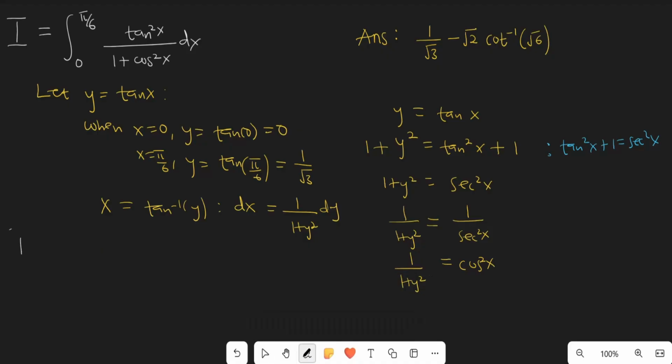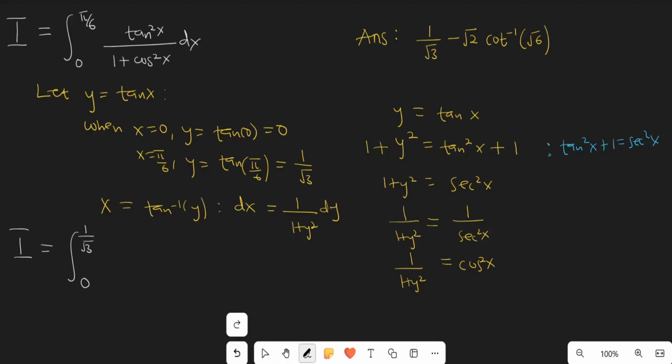Cool stuff. I is going to be equal to the integral from 0 to 1 over the square root of 3 of the tangent squared of x.